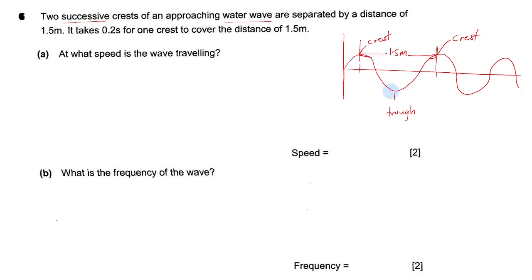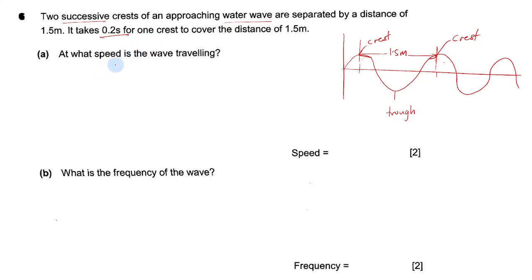Then they're saying it takes 0.2 seconds for one crest to cover the distance of 1.5. So for the crest to move from here to there, to cover this distance, the time taken in that period is 0.2 seconds.